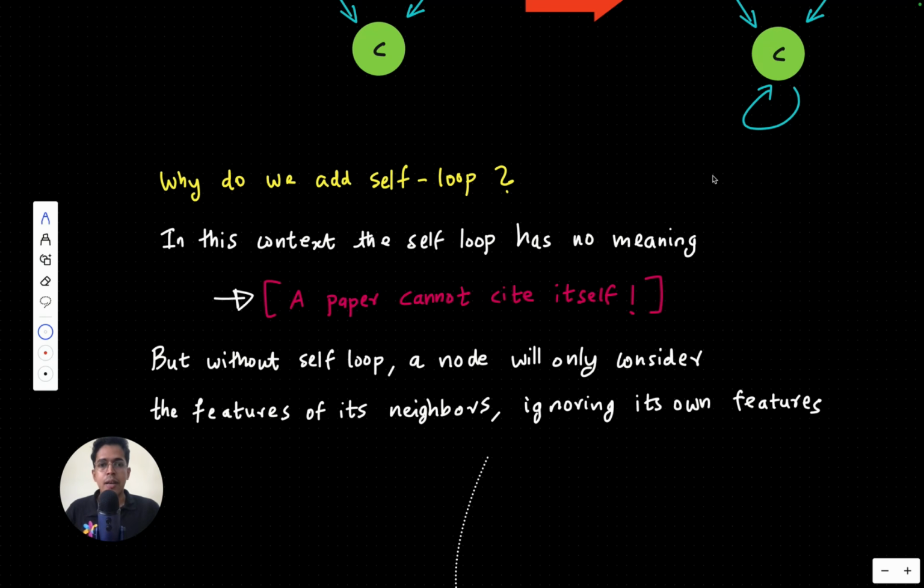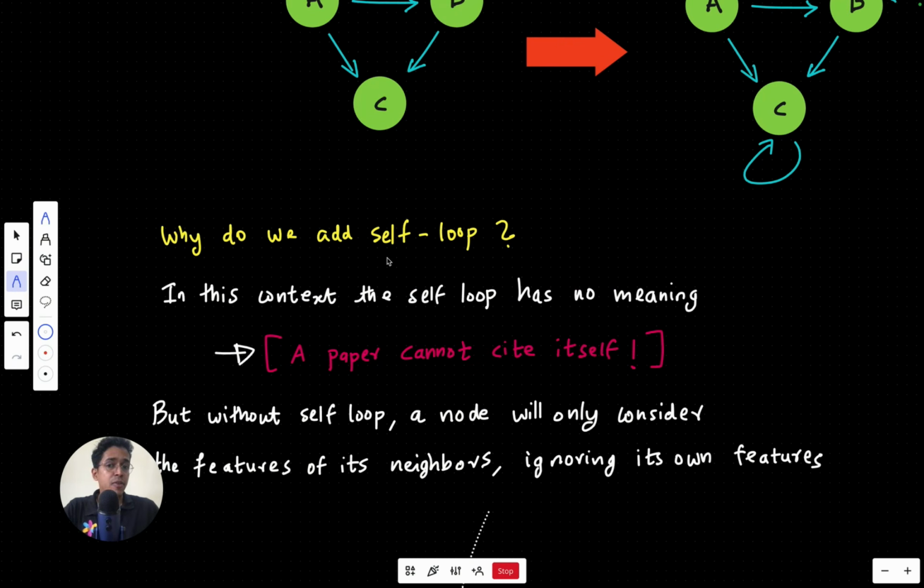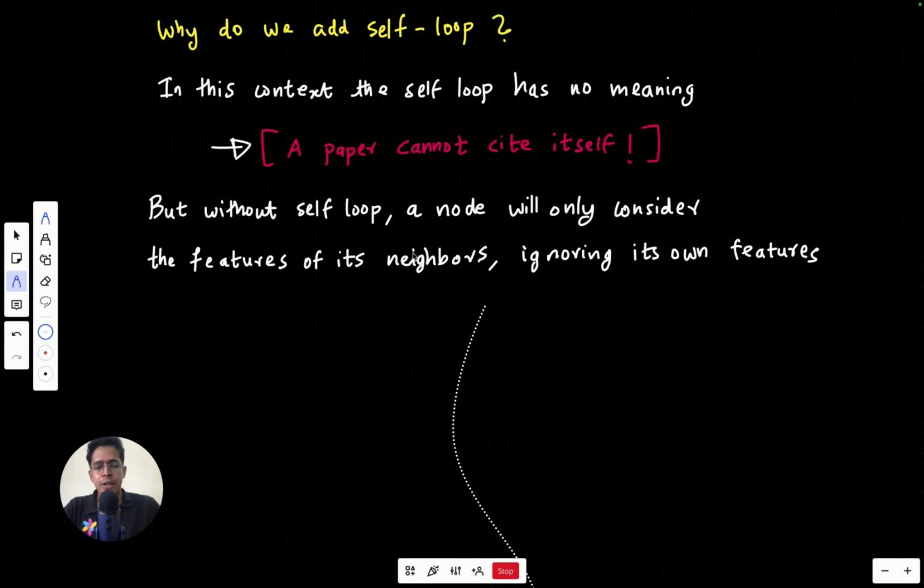That is not good, right? Because if paper A is about machine learning, that fact has to be taken into account. We should not be just looking at the features of the papers that this paper is citing, because that paper may be about healthcare or agriculture, who knows? Of course we can consider the features, meaning the topic, of the papers that paper A is citing, but we have to obviously consider its own features, the features of paper A itself, which is why we are doing this self-looping. I hope this step is clear to you.